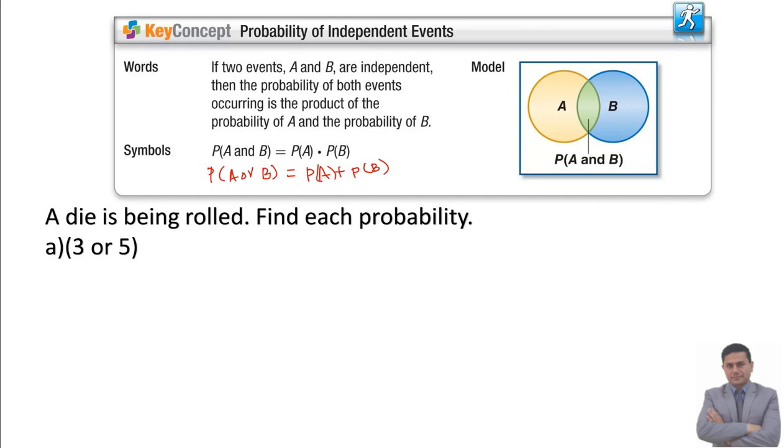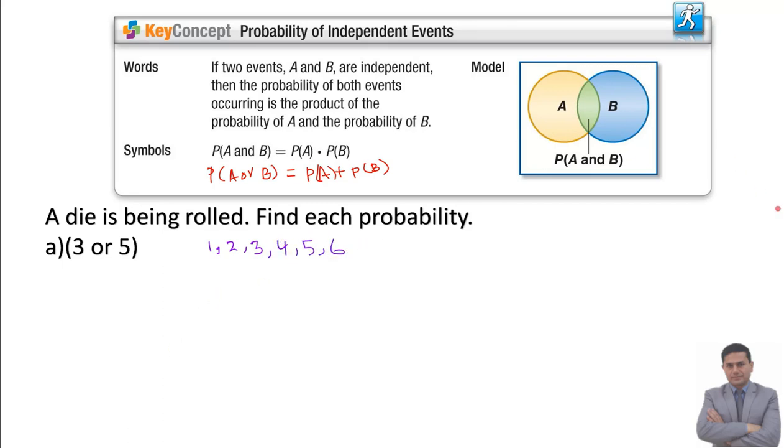A die is rolled. Now, if we talk about a die, how many numbers are there on a die? 1, 2, 3, 4, 5, 6.